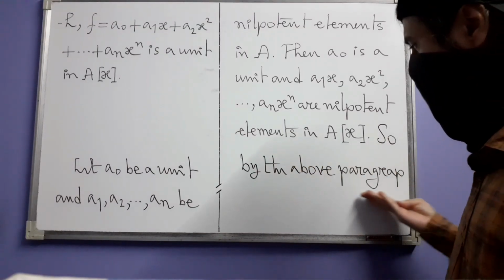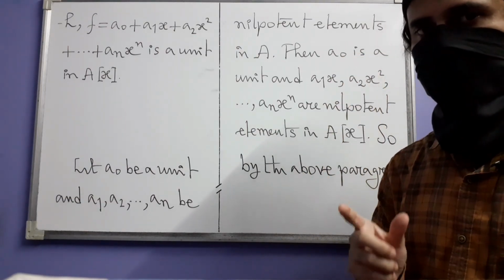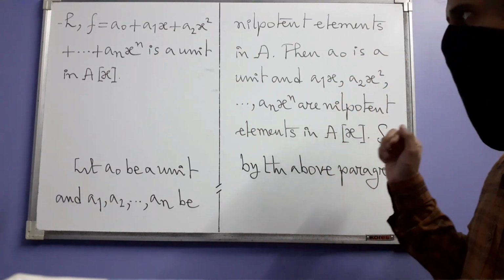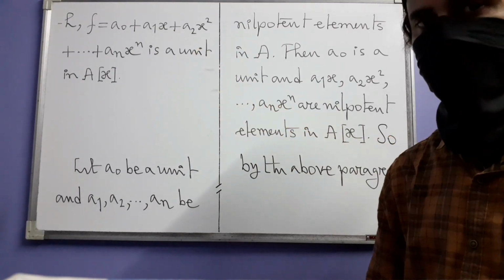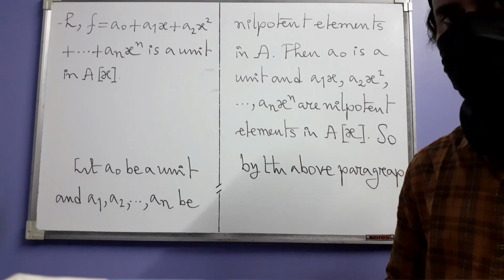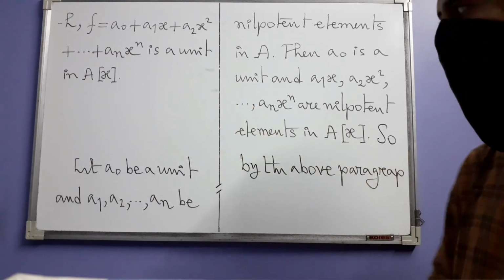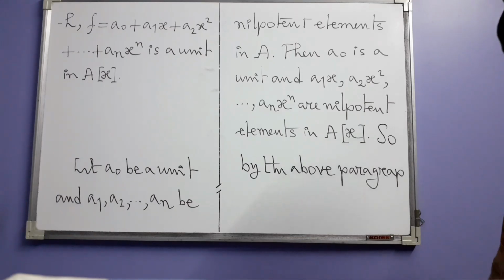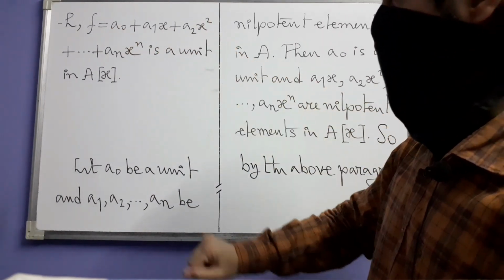So by the above paragraph, meaning the one where we proved that the sum of a unit and a nilpotent element is a unit, by that result our polynomial is in fact a unit in A[x]. But how? How are we suddenly concluding this, which we want? I have intentionally written this as well.